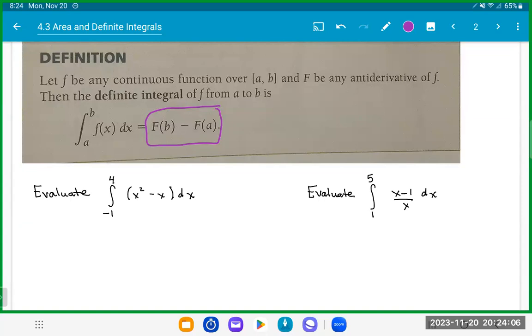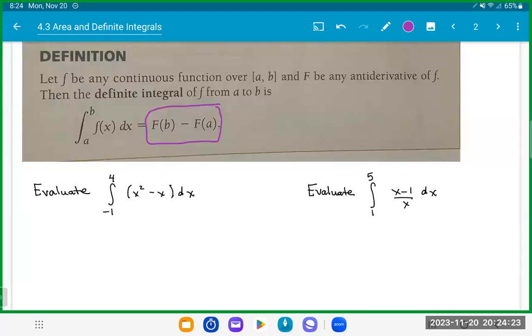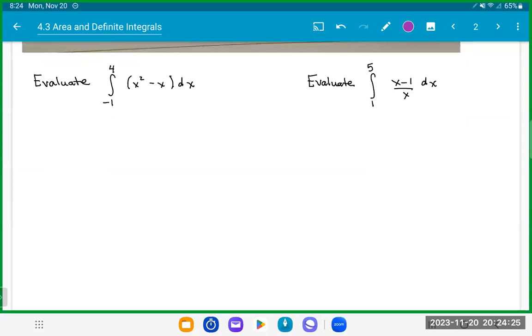So we have a couple of examples here. This first one, if I wanted to evaluate the integral of x squared minus x dx from -1 to 4, the first thing I want to do is take the antiderivative. We can do it in pieces, right?